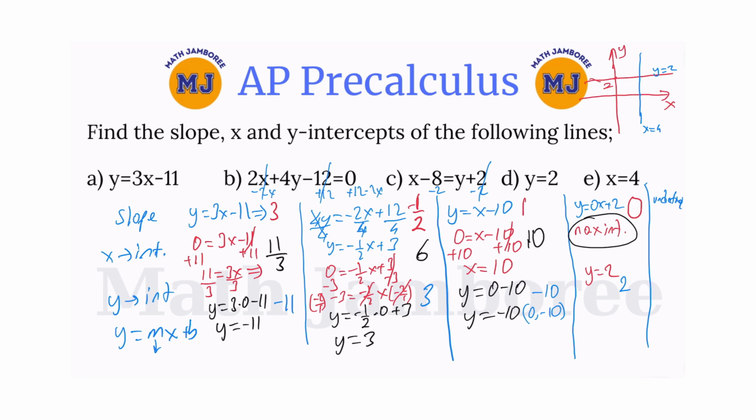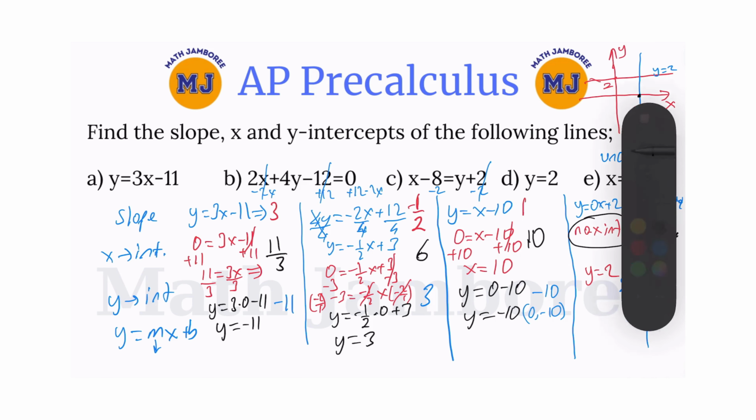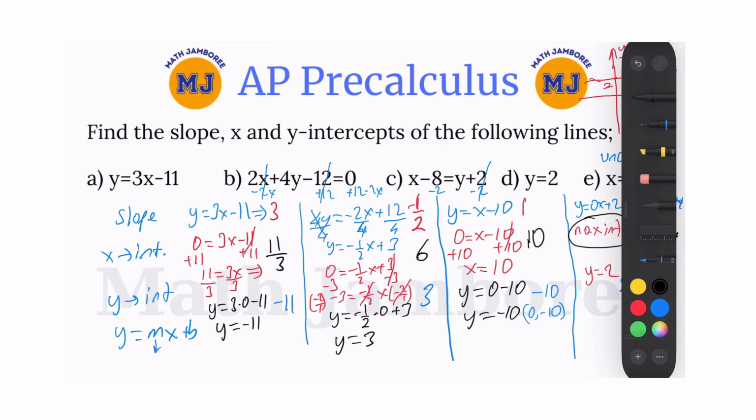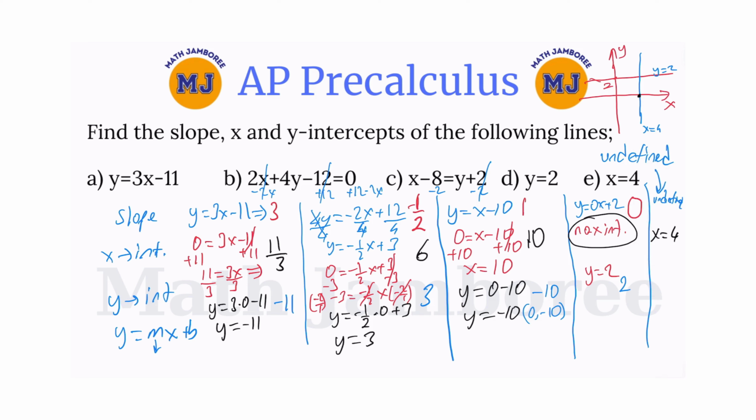I couldn't fit the word in there, so let me write it here. Undefined. And what about its x-intercept? It's exactly intersecting the x-axis at x equals 4. What about its y-intercept? Is this ever going to intersect with the y-axis? No, because it's parallel to it. No y-intercepts.